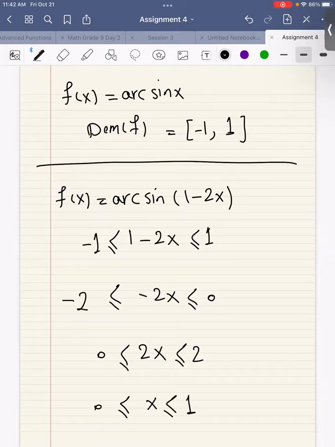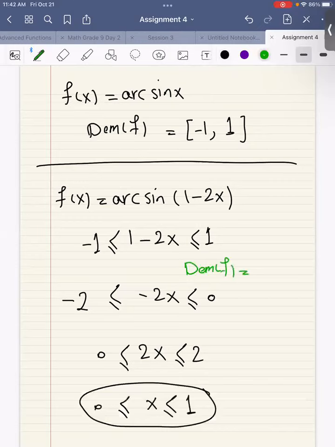So that's the domain. So the domain of f would be the closed interval 0 to 1. Does it make sense? Is that clear?